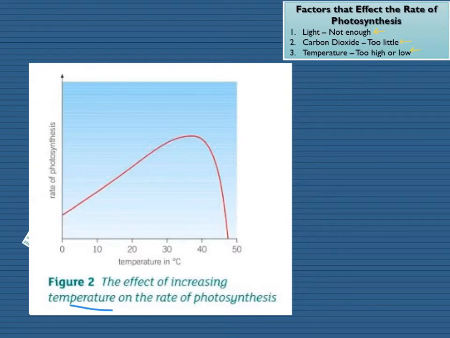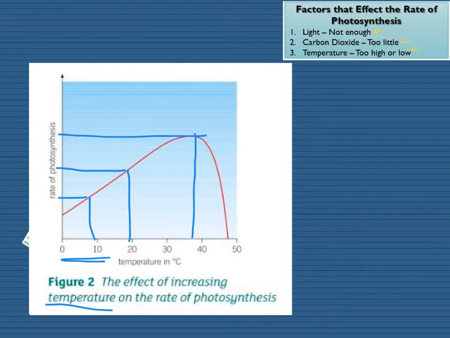Again, as you can see, photosynthesis is very low when there are low temperatures, but as the temperature increases, the rate of photosynthesis increases. And you'll notice it reaches an optimum point, and then an increase in temperature leads to a massive drop-off in the rate of photosynthesis.